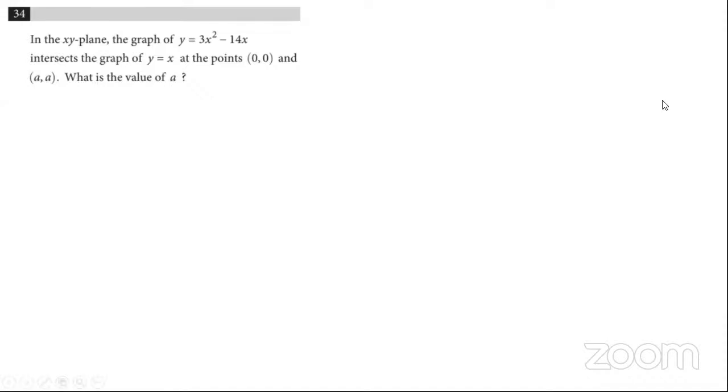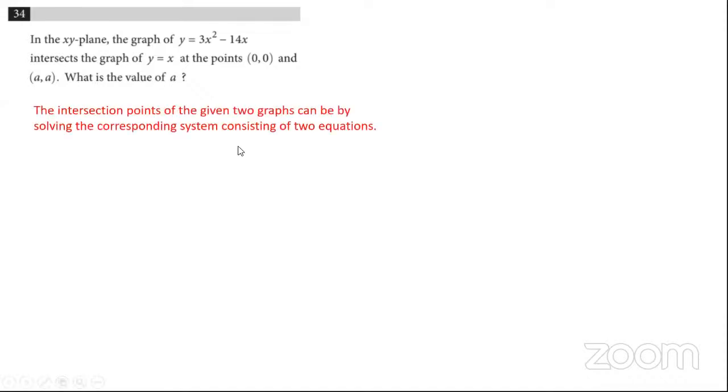What we basically have to do is find the intersection points. We are given two equations, y equal to 3x square minus 14x and y equal to x. So we can substitute y equal to x in equation 1.